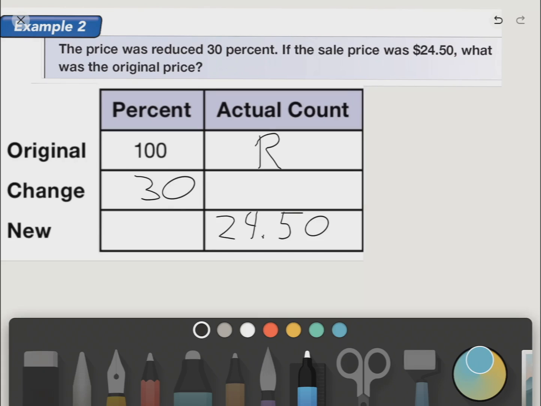Filling in our spaces here. This is going to be a minus 30% from our original 100%, getting us, the price was 70%. There's our change. So if the question is, what was the original price? Then we're going to be bringing that, and we can use these across the bottom to be our additional information.